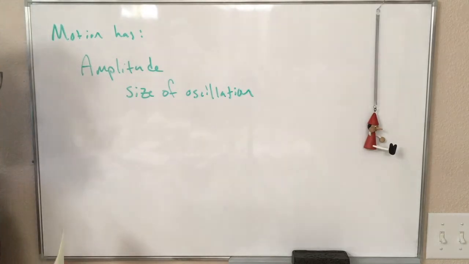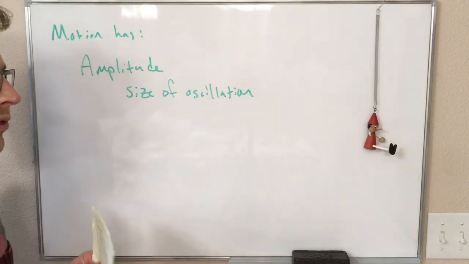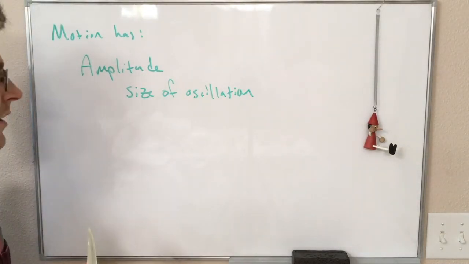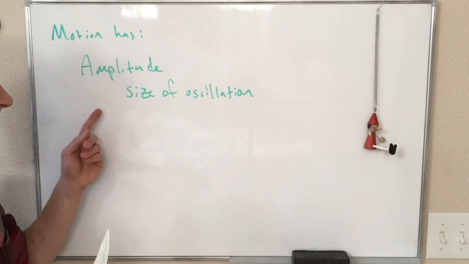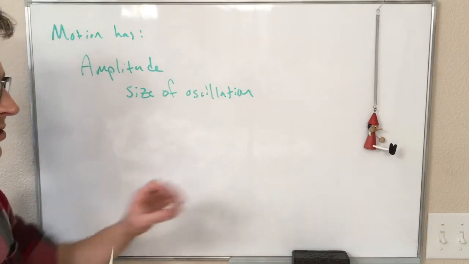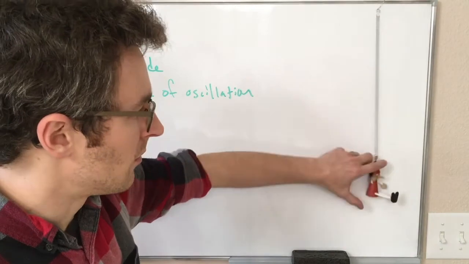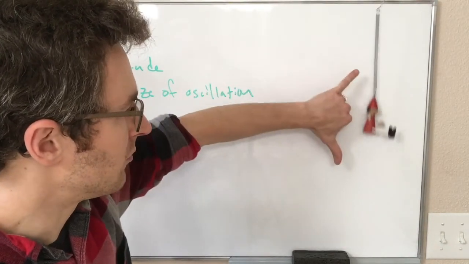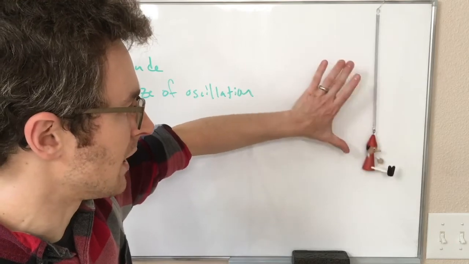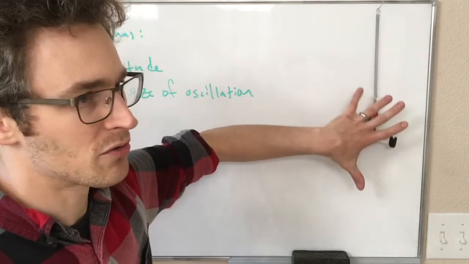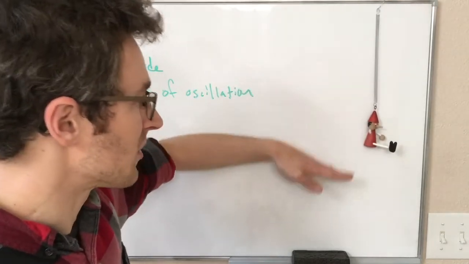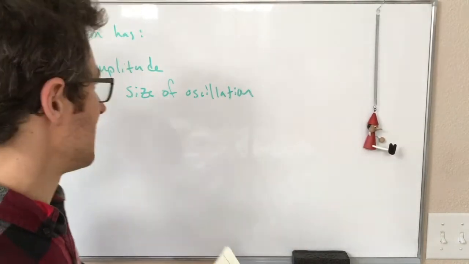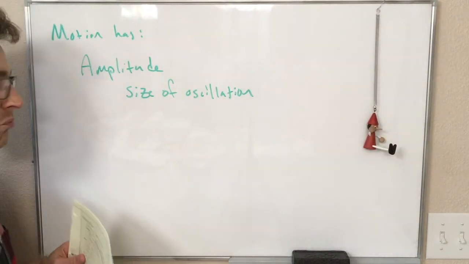And depending on what the thing is that is oscillating, your amplitude can have different units. It could be a different thing you're measuring. So here, if we're looking at the amplitude of this motion, that is like a distance in meters, right? How big it is oscillating, how far it is moving up and down, that is like a distance in meters.